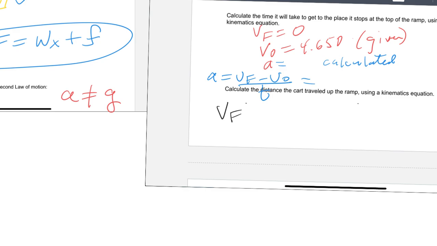Vf squared equals Vo squared plus 2 A delta x.